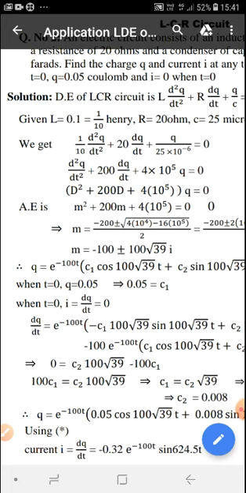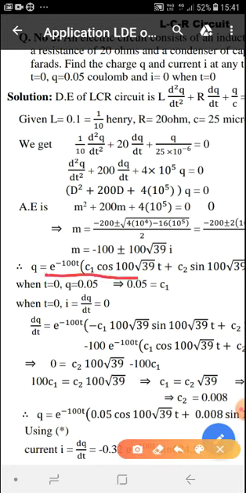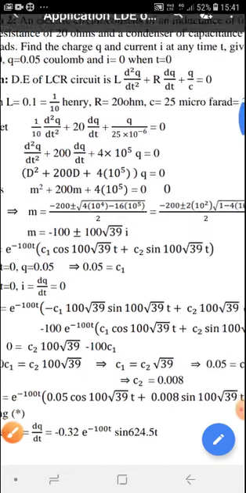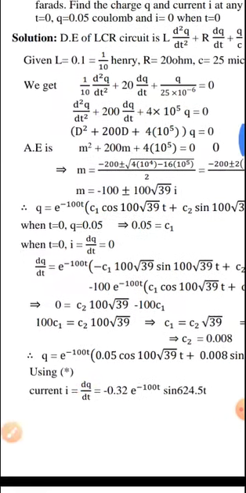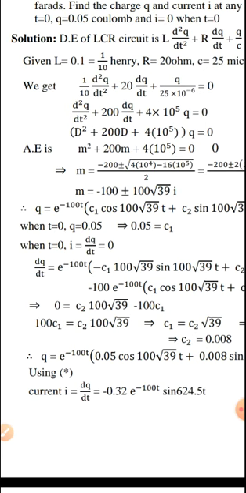Now another condition is at t equal to 0, I, meaning dq by dt, equal to 0. So to use this condition, we need dq by dt. So look at that Q and differentiate it with respect to t. Differentiating Q with respect to t, we get dq by dt, which is I. Now in that you put I as 0, meaning dq by dt as 0, and t as 0.